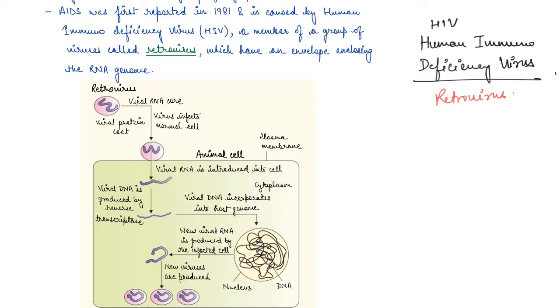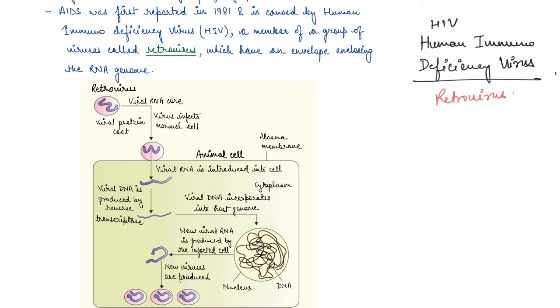Now, how does HIV get transmitted? How does it go from person to person? It occurs by various factors, guys. It occurs by sexual contact. If you come in sexual contact with an infected person, you can get HIV.